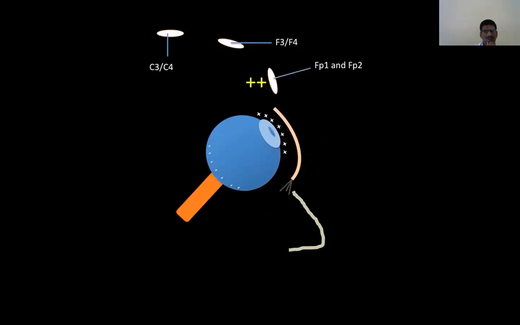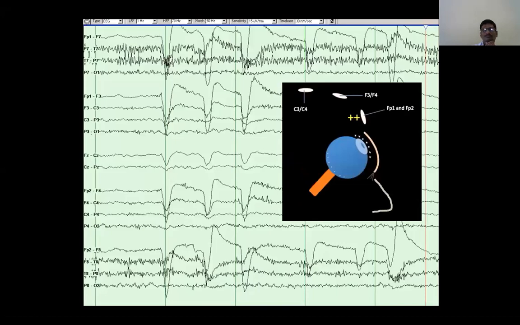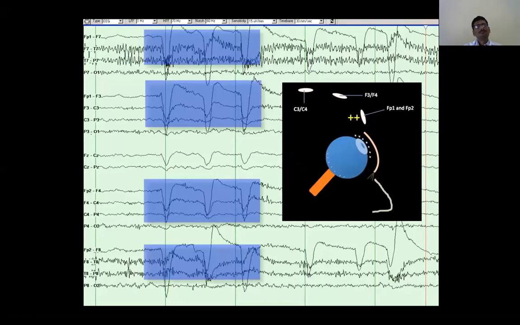If we think about this from the perspective of the EEG electrodes closest to the eye, we can see that this upward deflection of the eye will cause a large positive signal at the frontal polar electrodes FP1 and FP2. On EEG, this results in a very large deflection in the frontal polar electrodes on both sides, indicated here.